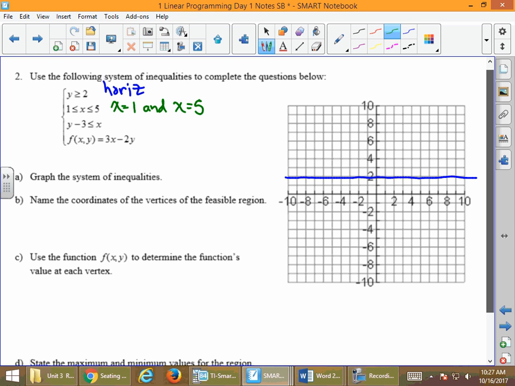And both of these, because they're x equals, are vertical. I do recognize that they're less than or equal to. But in terms of graphing, what we want to get is this on paper. Again, hopefully your pictures are better than mine.